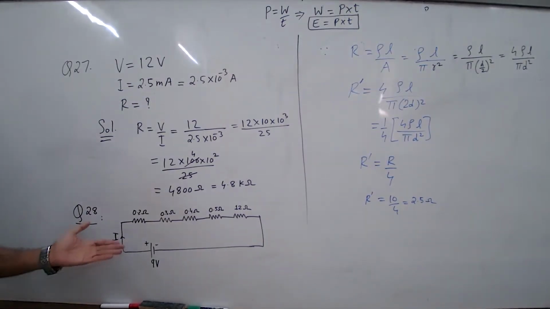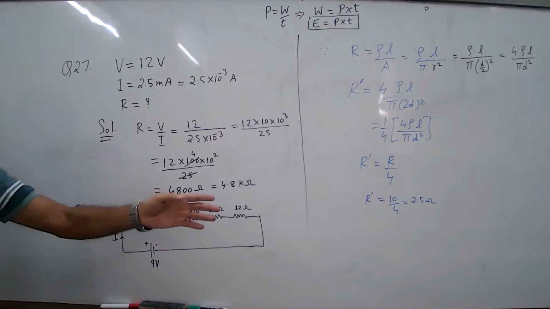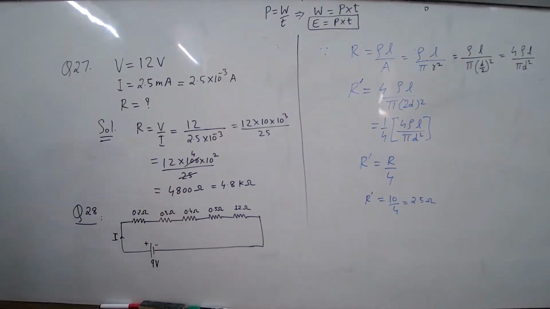It will be the same, series. Same current will flow through all the resistors. So how will you find the current passing through 12 ohm?